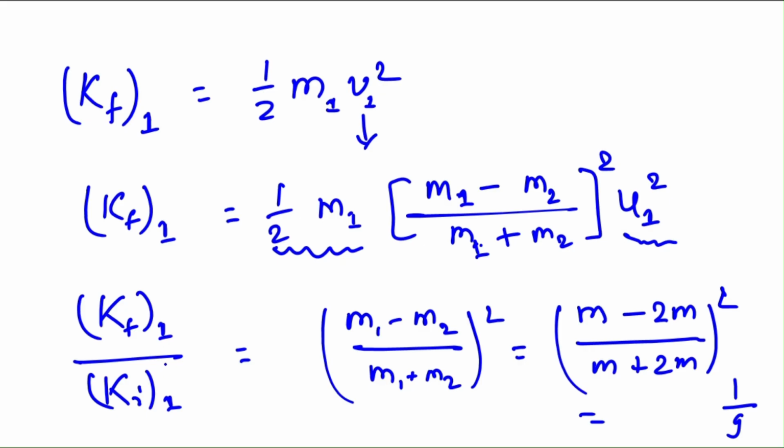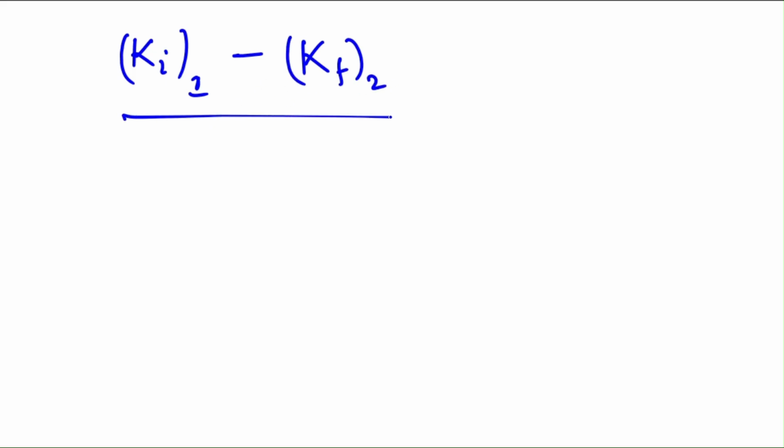So what we can do, we can take difference, and then we can make percentage from there. So difference I'm taking, as we know, initial kinetic energy is greater here. So we can do initial kinetic energy of neutron minus final kinetic energy of neutron divided by initial kinetic energy of neutron. This is difference in kinetic energy, or change in kinetic energy, and then it will be positive.